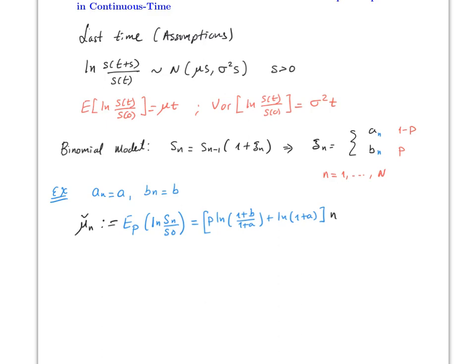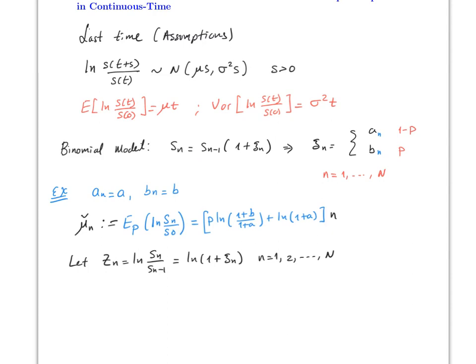So how do we show that this is true? Let's define a new variable: let Z_n be ln of S_n over S_{n-1}. That will be the definition, which is equal to ln of (1 + C_n) for n equals 1, 2, all the way to N. How do we know that this is equal to this?